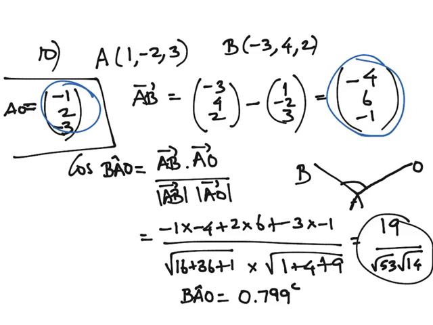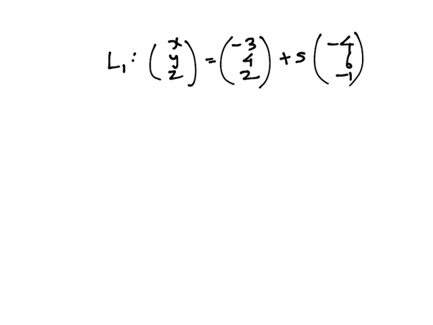Now the next part of the problem. This is the equation of L1, students. The equation is xyz equal to minus 3, 4, 2 plus s times minus 4, 6 and minus 1. They are asking you to write down the coordinates of any 2 points on L1. By giving different values for s, I get different points on L1. So let me take s as 1.